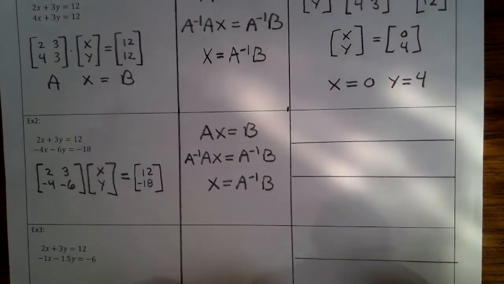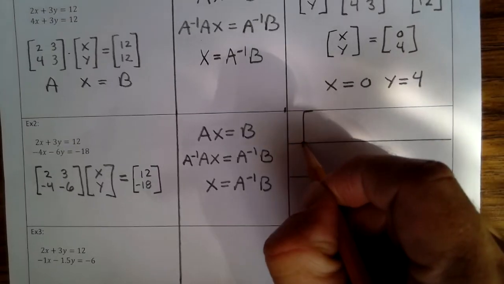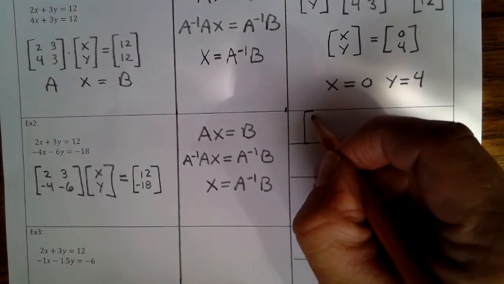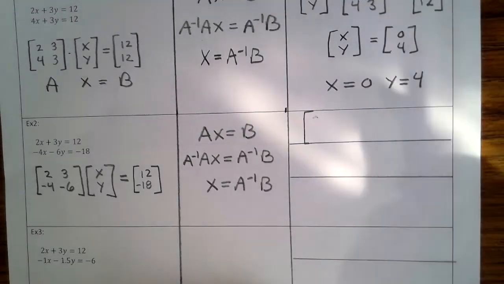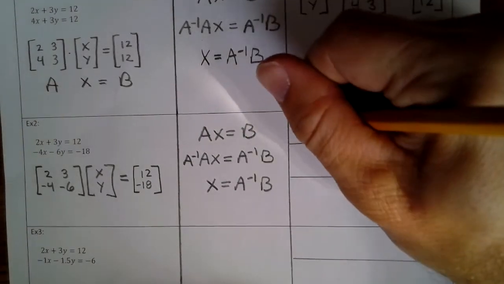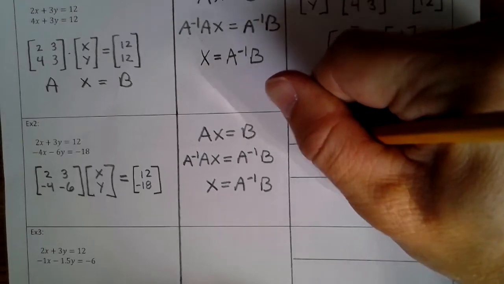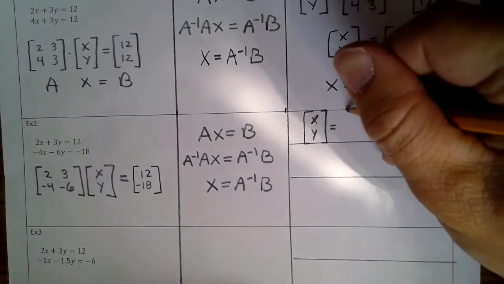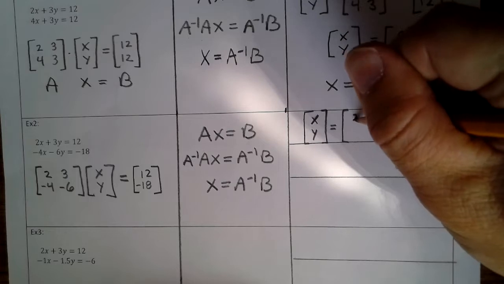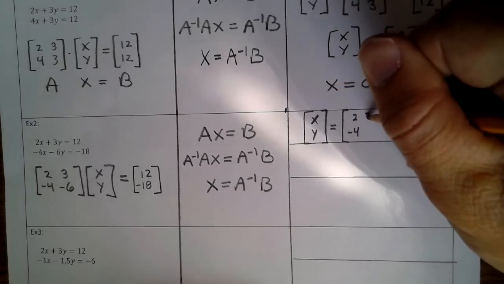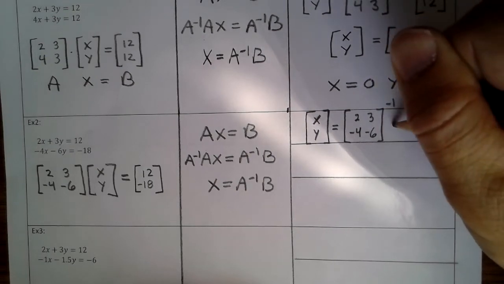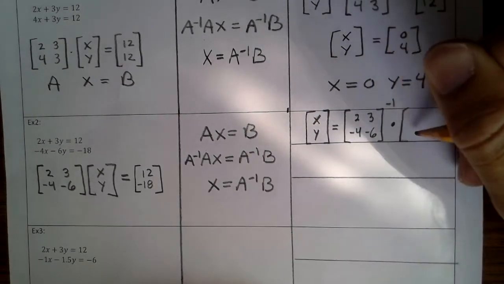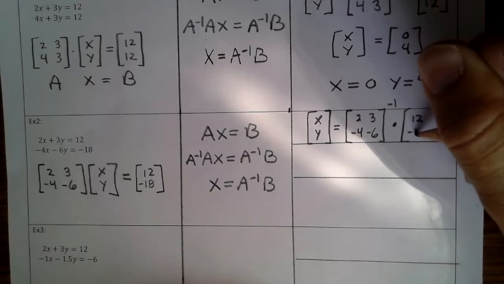So now let's plug that in. We have X, Y equals 2, negative 4, 3, negative 6, inverse, times 12, negative 18.